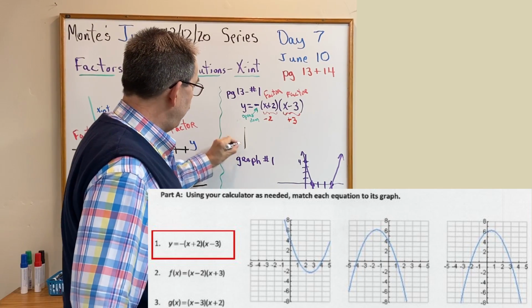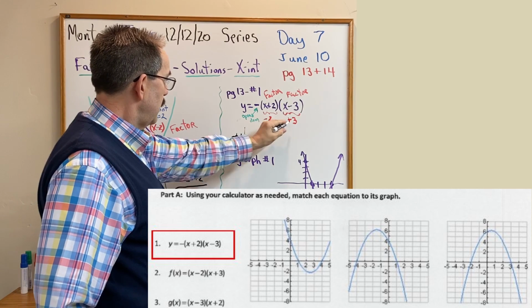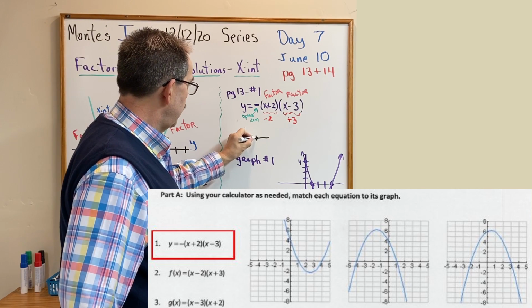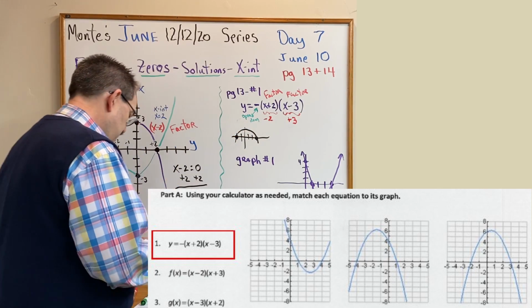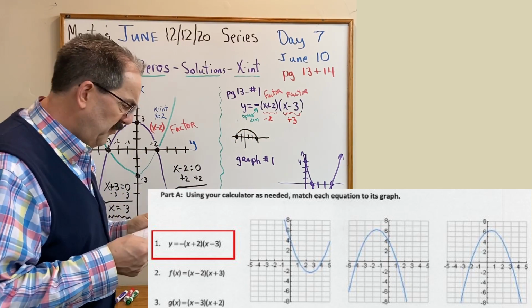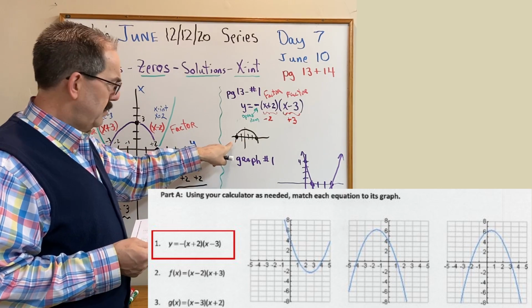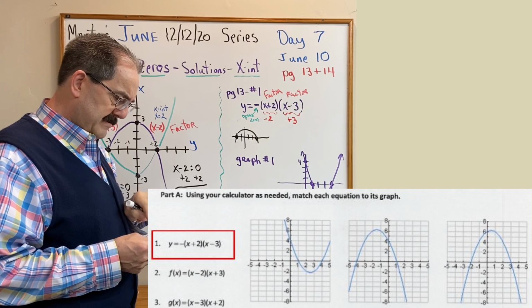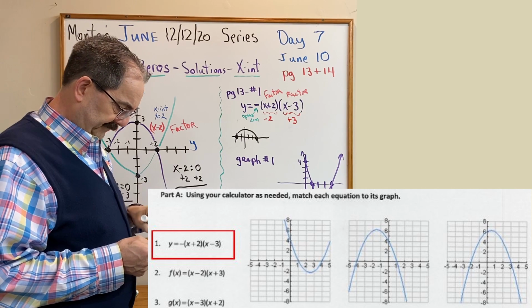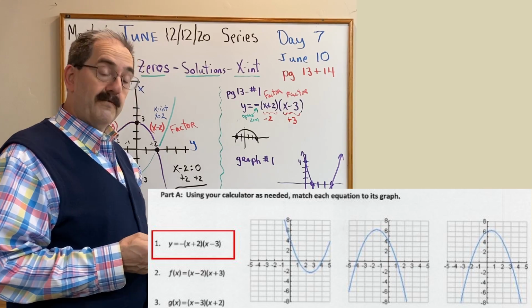Cool. Let's just draw it out. We're looking for a graph. Crosses at -2. Crosses at +3. Opens down. Take a moment. Can you find one that does that? -2, +3, and opens down? There's only one that crosses at negative. Oh, there's two of them.